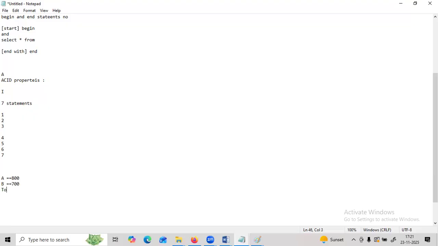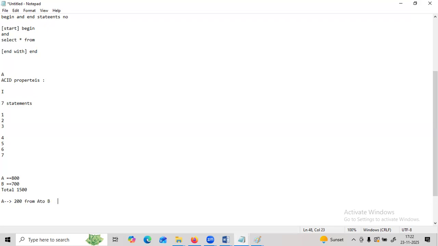In the total system, how much data do we have? 1,500 rupees. Now what are we going to do? A is going to transfer 200 rupees from A to B.